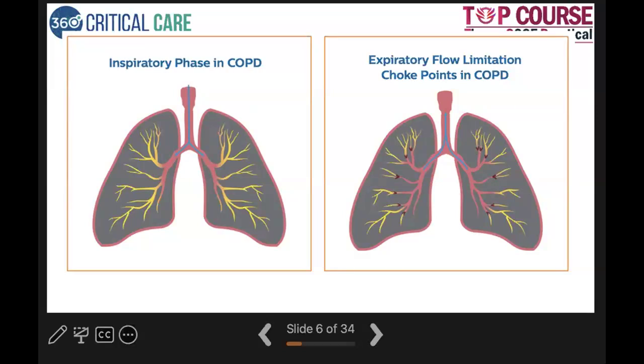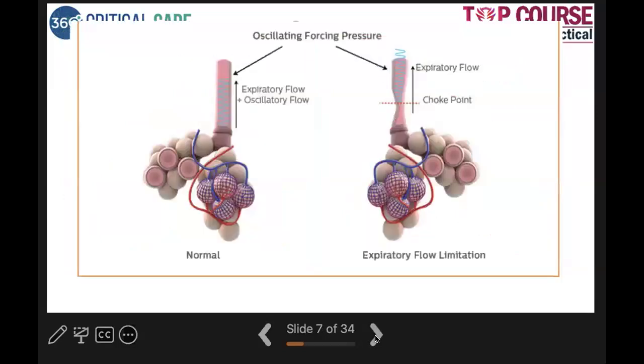Yes, ma'am. Great. So, the same concept is explained again at the alveolar level, but considering the flow pattern. Normally, when there is an unobstructed flow during expiration, the expiratory flow follows an oscillatory flow pattern, where the flow is effectively transmitted from the lower airway to the upper airway and expiration is easy.